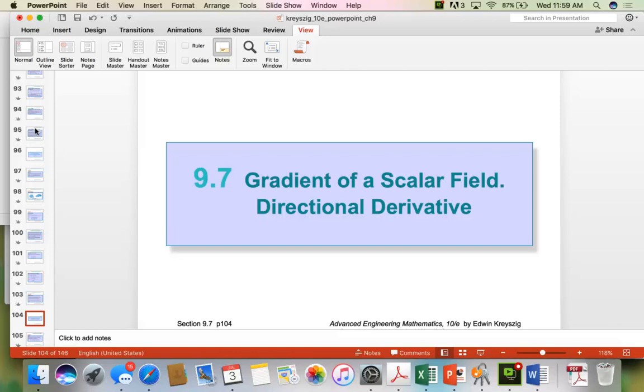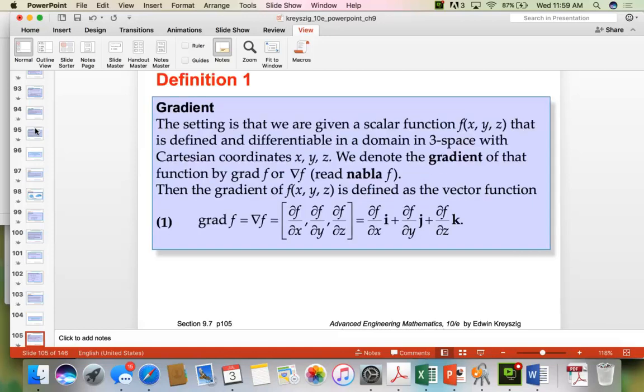So the gradient is applied to a scalar field, and what you're trying to get an idea of from the gradient is how the scalar quantity varies with respect to direction. The gradient is the partial, and these are commas, not primes here. So you take a scalar f, and the gradient is noted by gradient f, or the inverted delta, which is sometimes referred to as nabla of f.